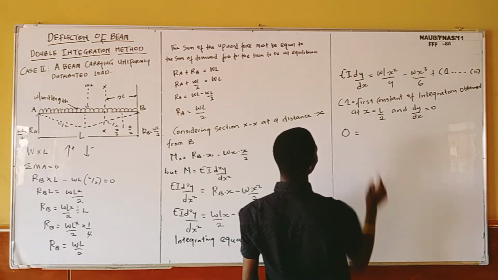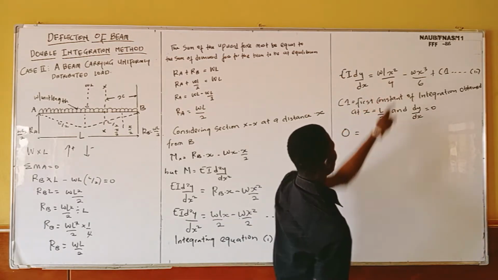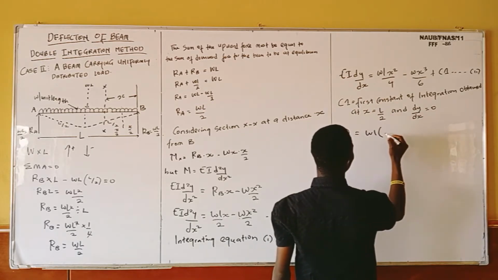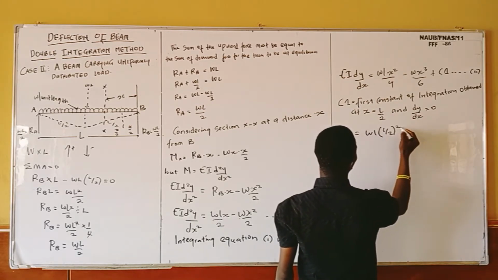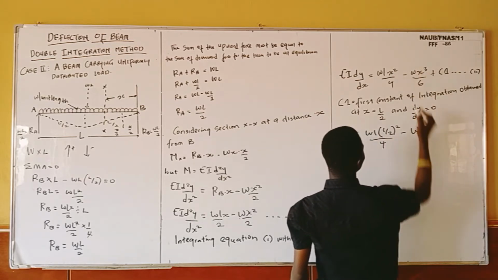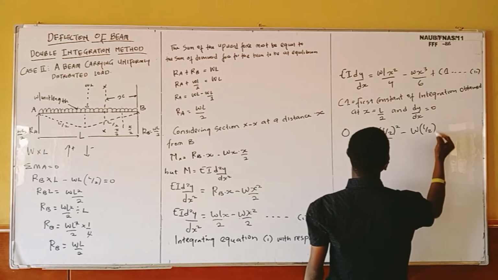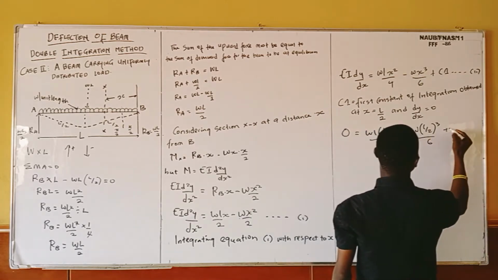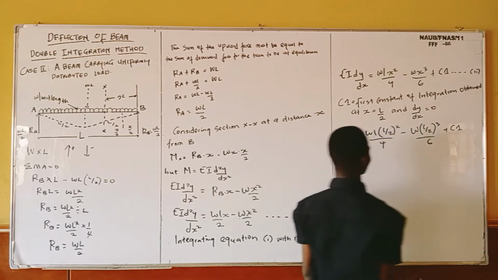We have 0 equals, our x is L over 2, so we have WL, L over 2 squared over 4, minus W, L over 2 cubed over 6, plus C1.